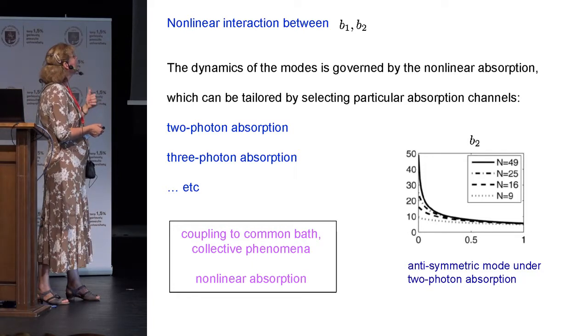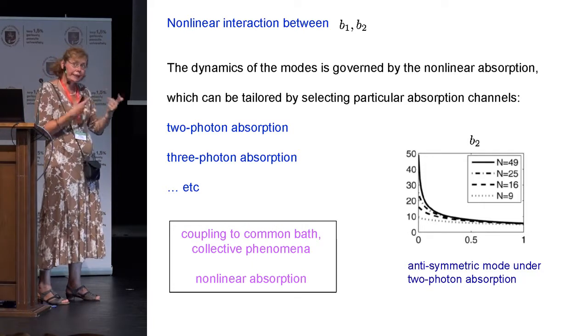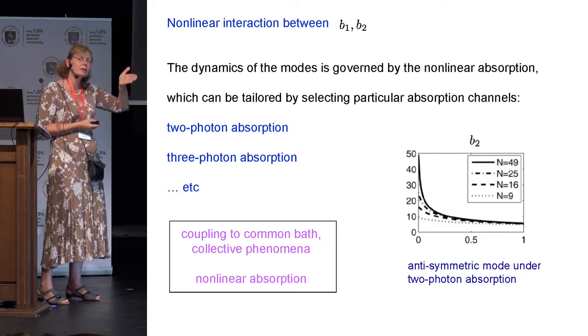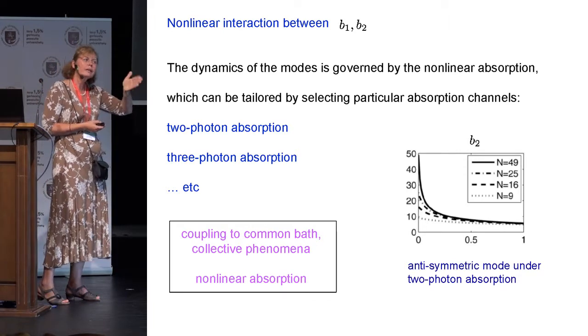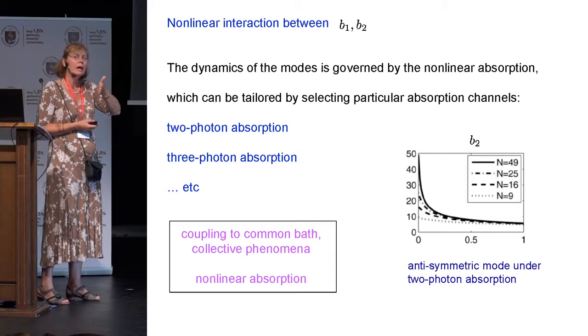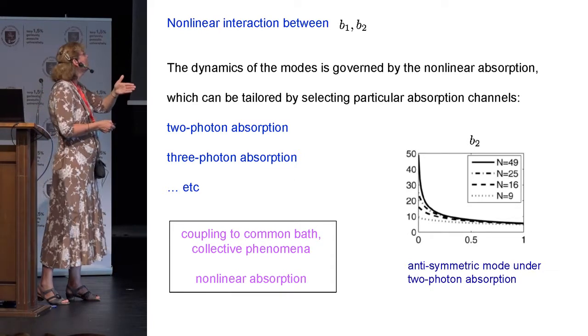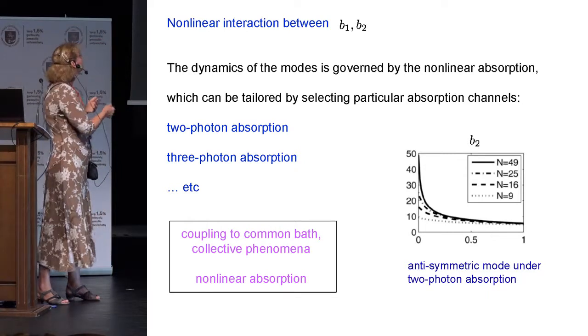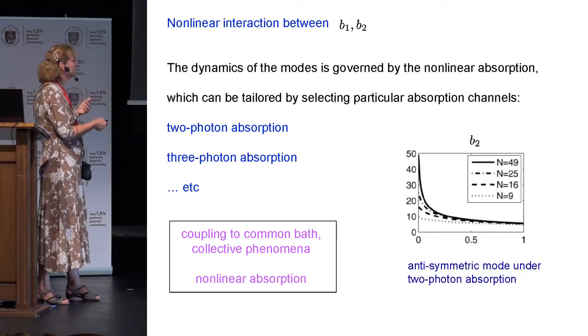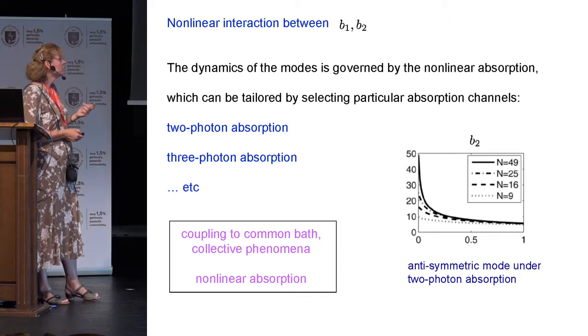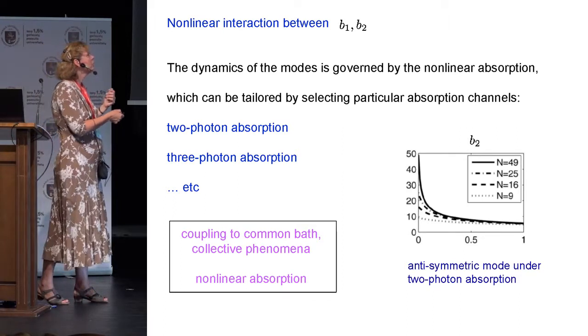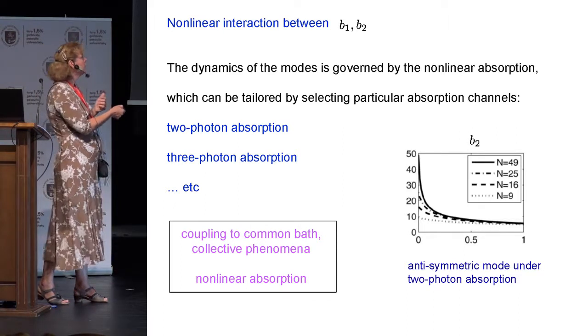And because I have the nonlinear absorption, I can tailor the dissipation, basically nonlinear dissipation. Nonlinear loss can suppress linear loss, and I can arrange for different dissipation channels: two-photon absorption, three-photon absorption, and so on. And then it is possible for the antisymmetric mode to behave like shown in this picture.